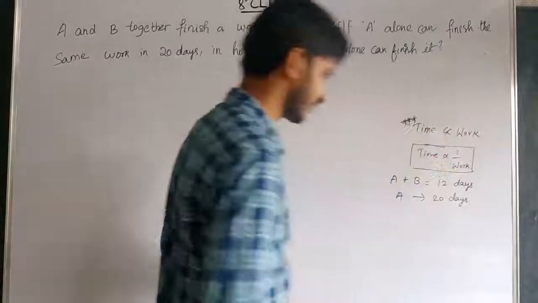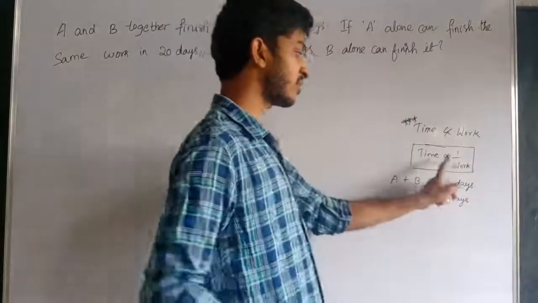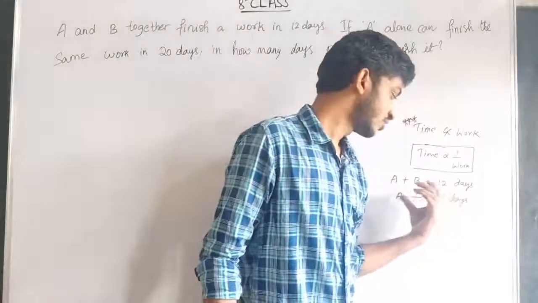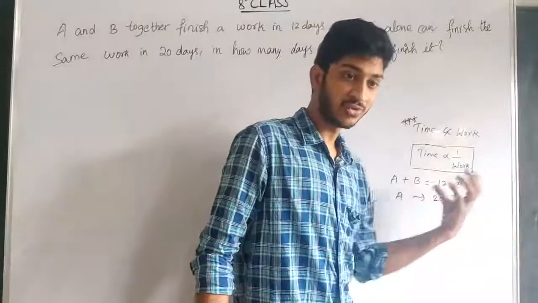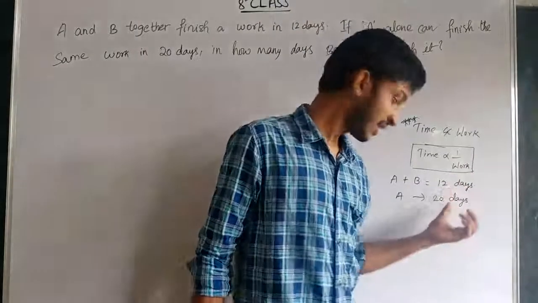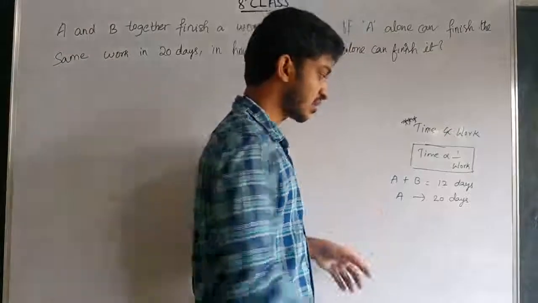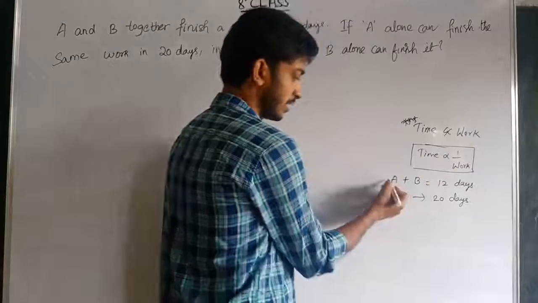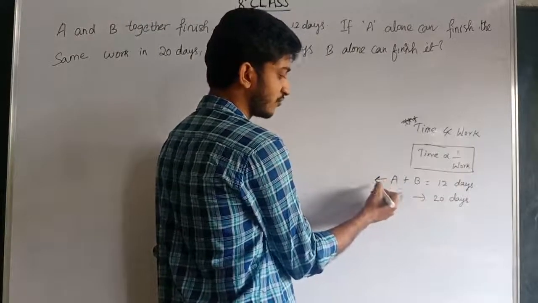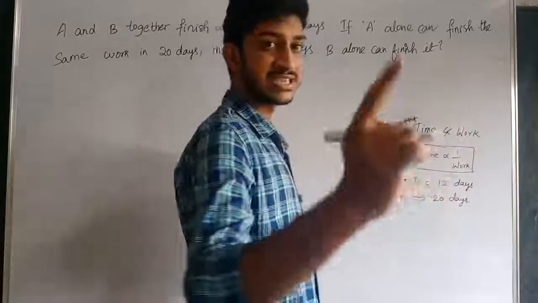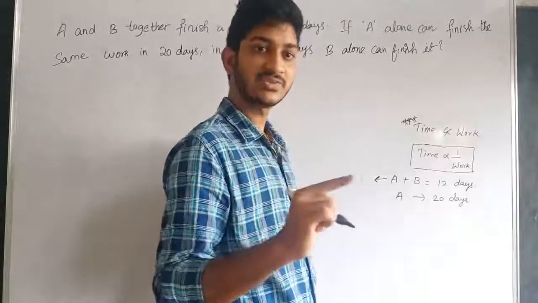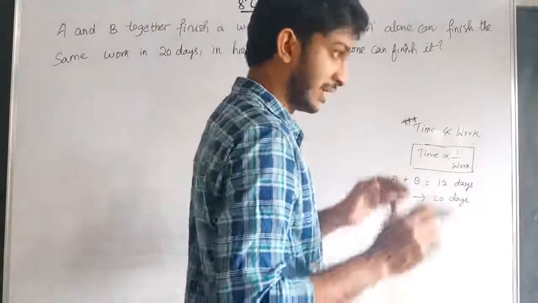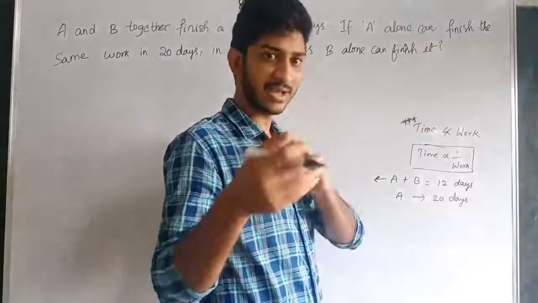Okay, so listen carefully. Time and work are inversely proportional. Here the time to complete the work when A and B work together is 12 days, and A alone can complete the work in 20 days. From this we take each day's work. If they work for 12 days, they complete the work.